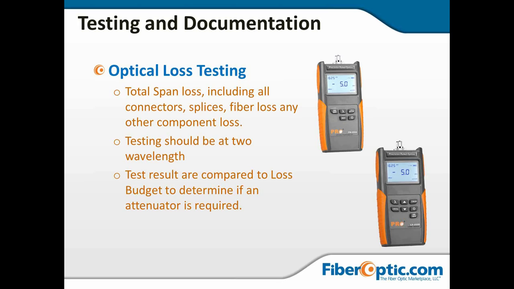So a lot of people are operating at 1550 now and then asking for 1625 as the additional wavelength. And then you can compare all of these measured losses to your loss budget and determine if attenuators are required or if it's going to meet the specs and the standards needed to operate the design.